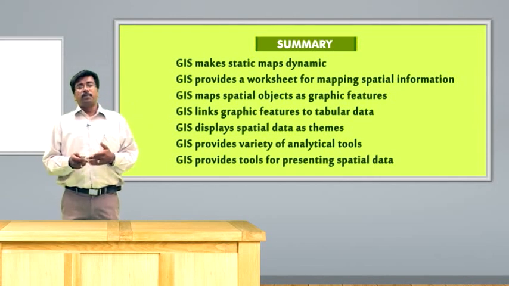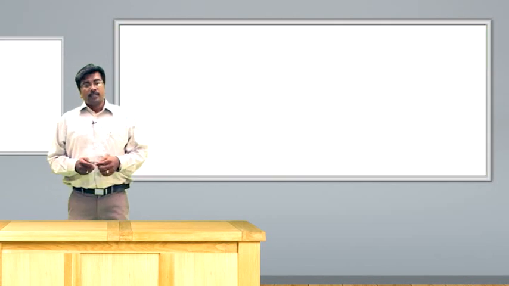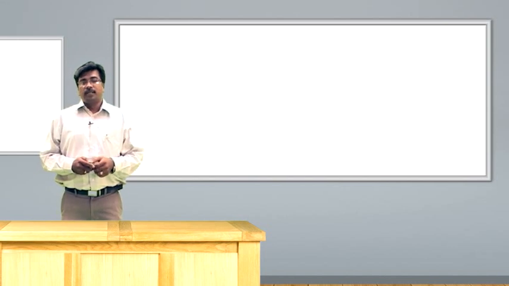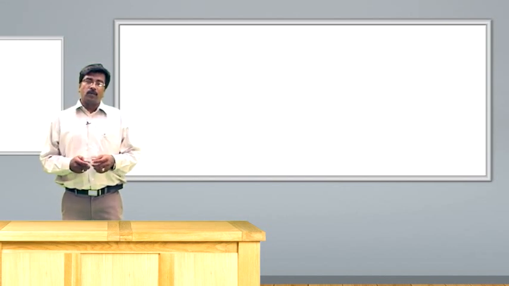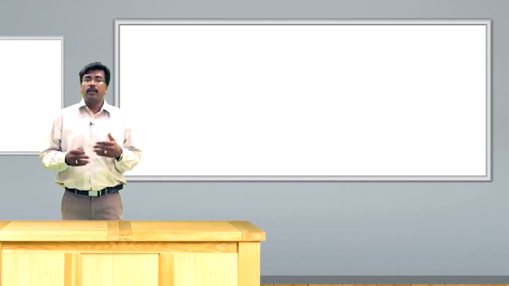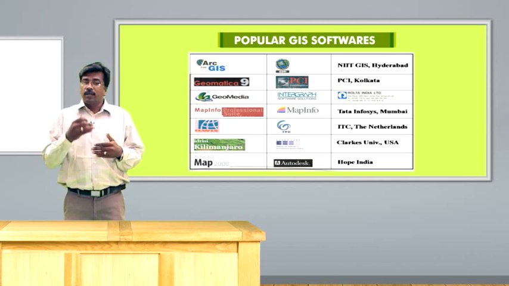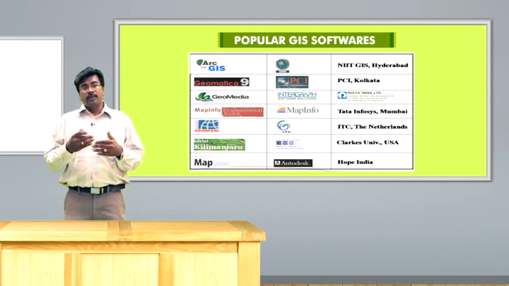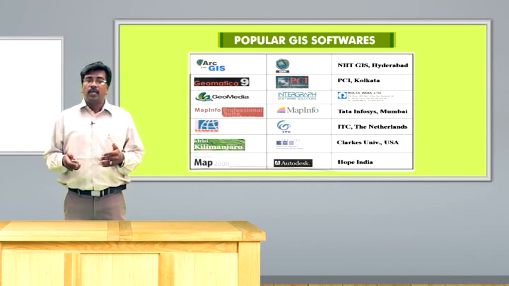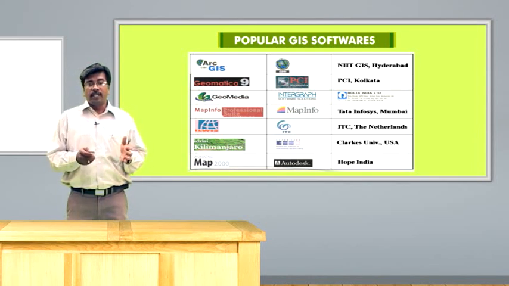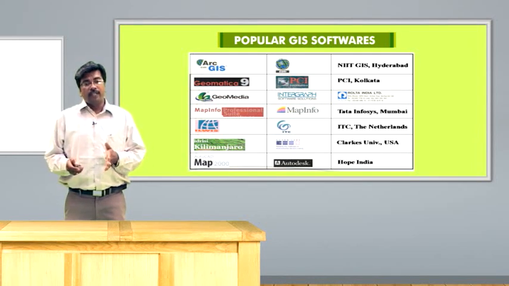So all these are possible with GIS. The success of GIS depends on the user. When a user needs some information, he can derive it using the GIS tool. So all the success of GIS depends on the final user.